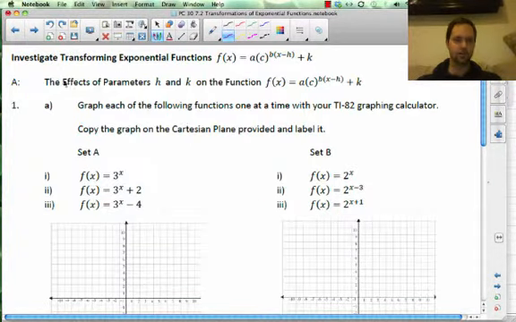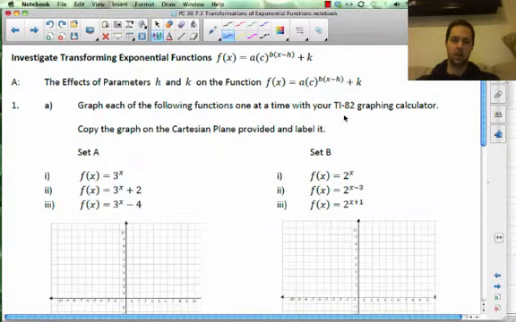Now, on your handout, you have the following function written out with all of the transformation parameters, a, b, h, and k. The effects of these parameters, h and k, will be explored first.